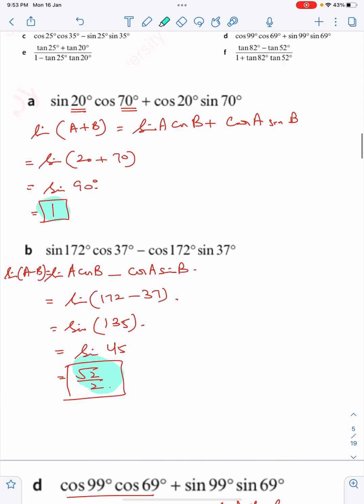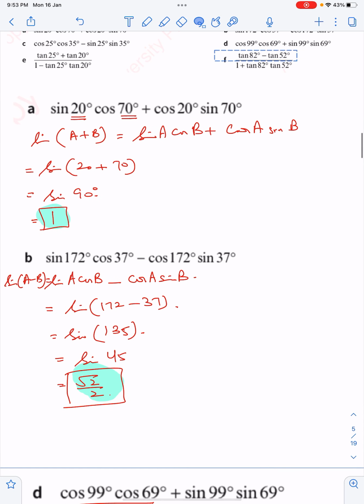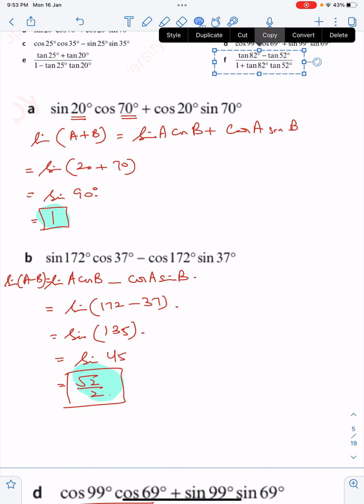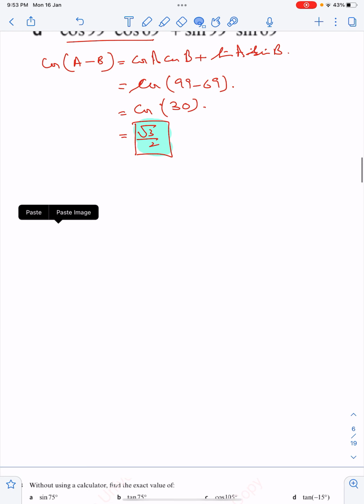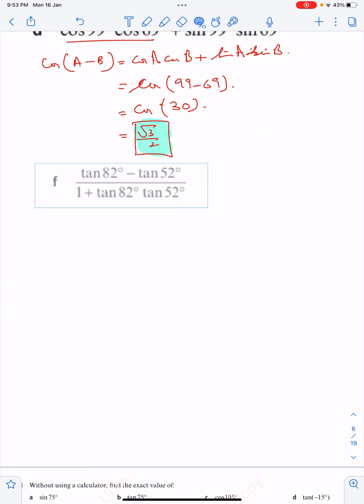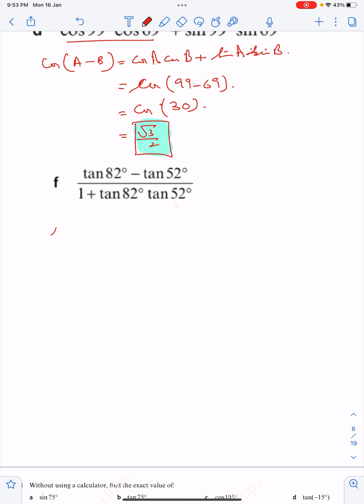Now, I am doing question number F part. Okay. If you compare it to the formula, tan of A minus B equals tan of A plus tan of B. Okay, it should be a negative here, fine.